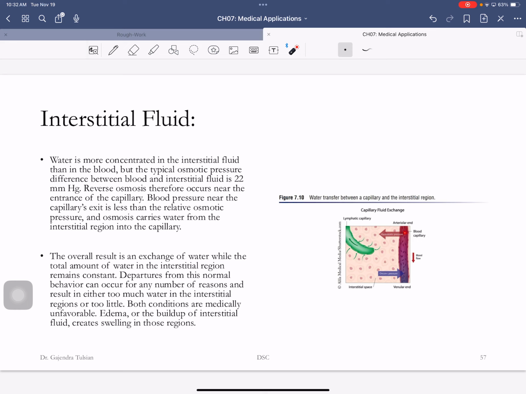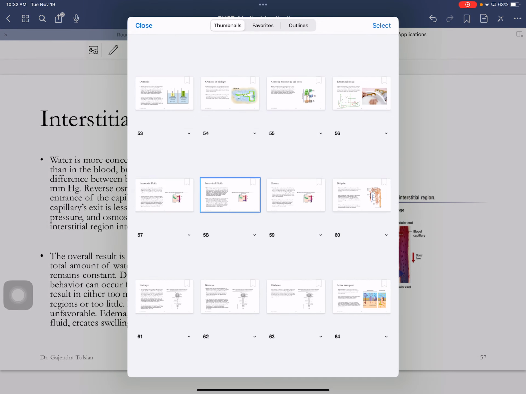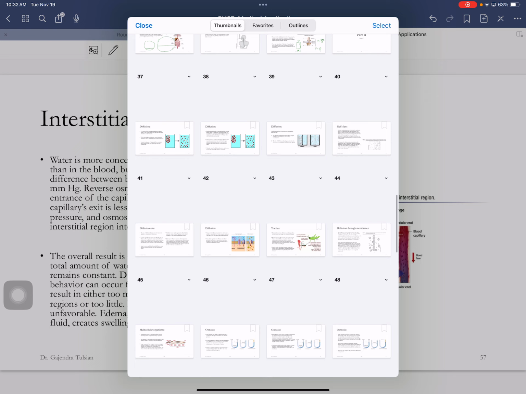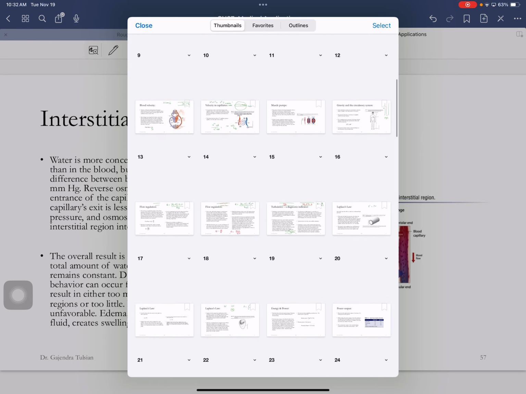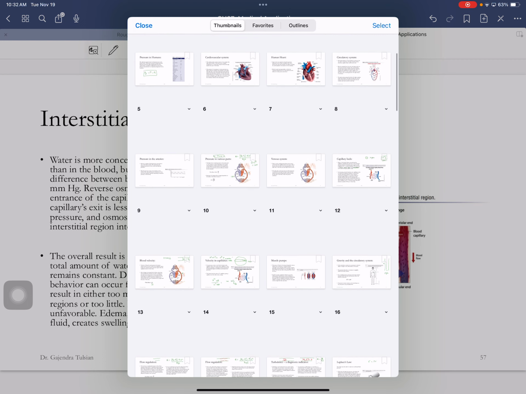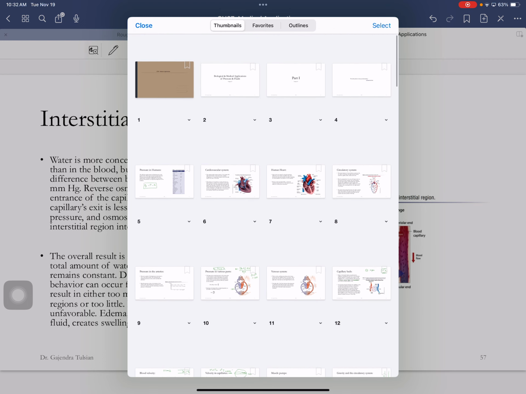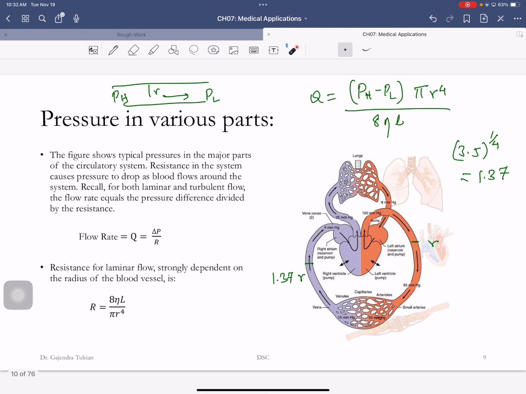In the blood capillaries, at the arterial end, let me show you a diagram. The osmotic pressure is 22 millimeters of mercury between the interstitial fluids and the capillaries.